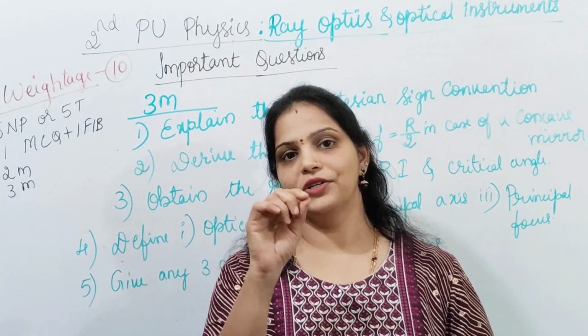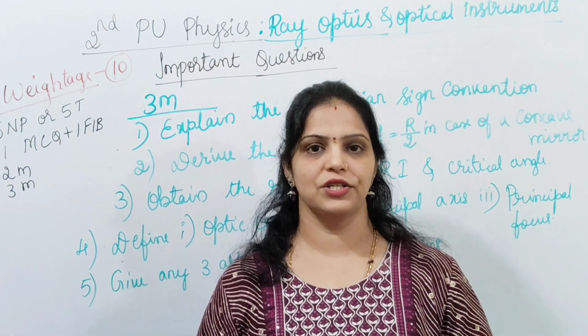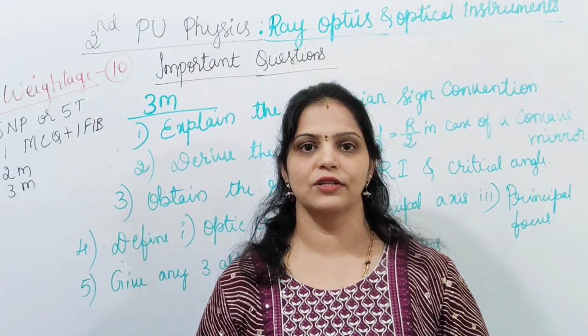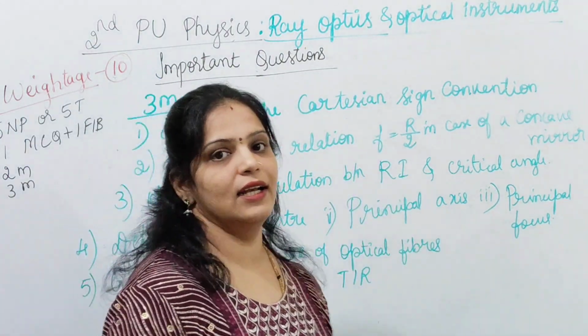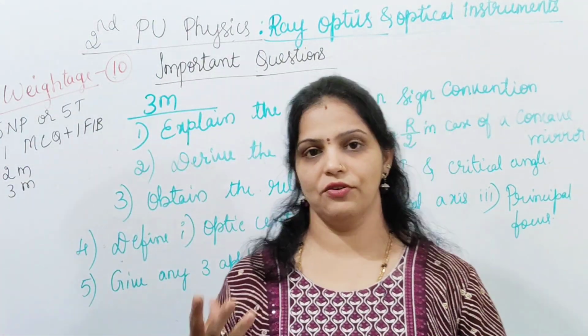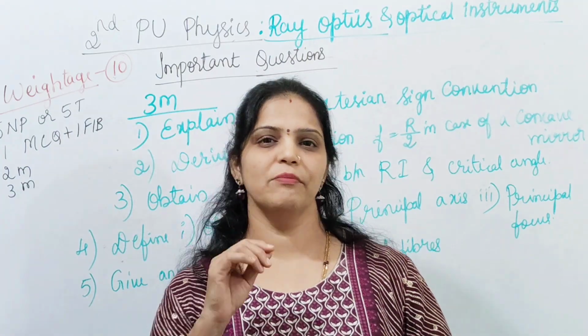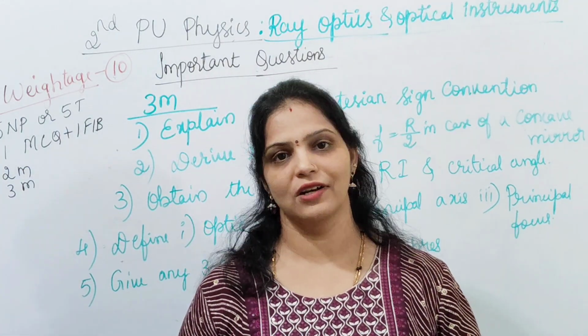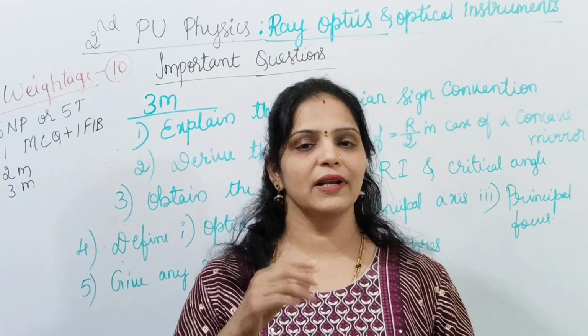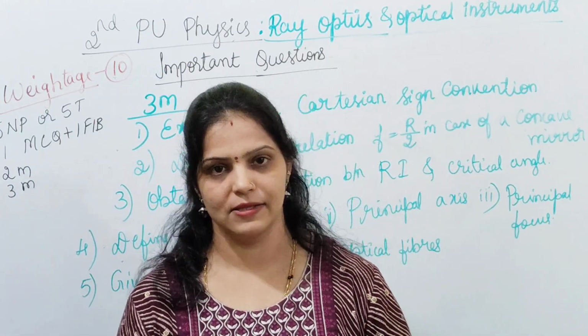Some simple calculations like power of lens calculation, calculation of critical angle when refractive index is given, or applying the prism formula to calculate refractive index. Simple calculations will be asked for 3 marks.